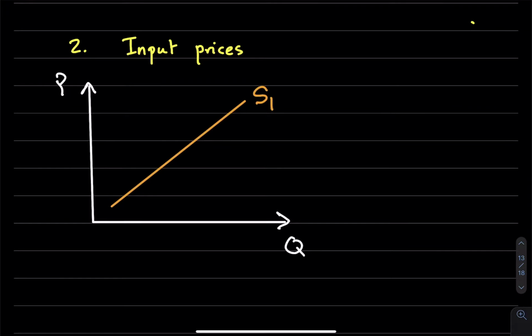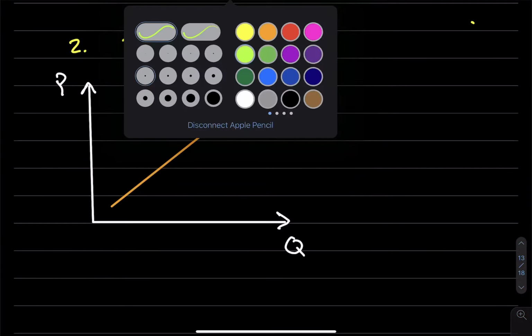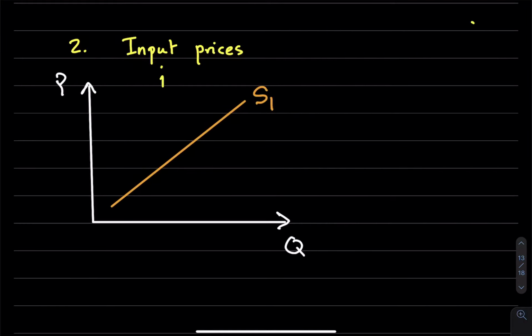Next, we talk about input prices. So again, if we think about ice cream, and we are thinking about the supply of ice cream, we can think about any raw materials that go into the production of ice cream.